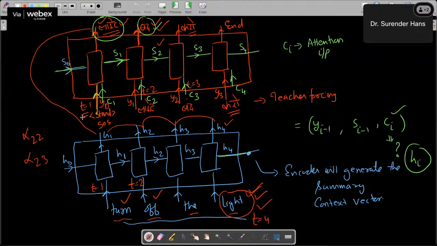It generates a normalized output, and that is finally Ci. I hope this is clear to all of you.